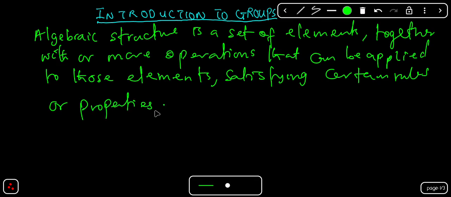Are we together? So an algebraic structure is a set of elements together with one or more operations that can be applied to those elements satisfying certain rules or properties.